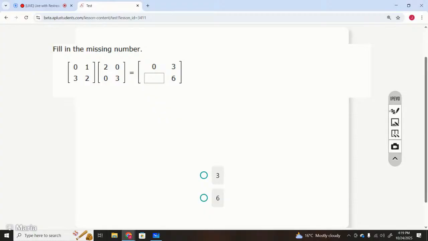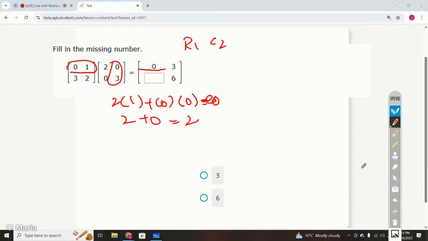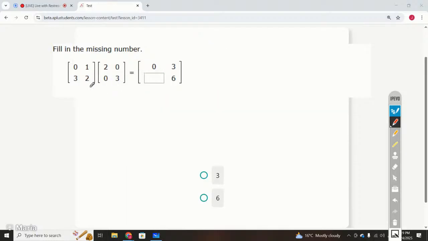Fill in the missing number. So the missing number is in the second row, first column. So second row of the first matrix and first column of the second matrix. So 3 times 2 plus 0 times 2. So 6 plus 0 is 6.